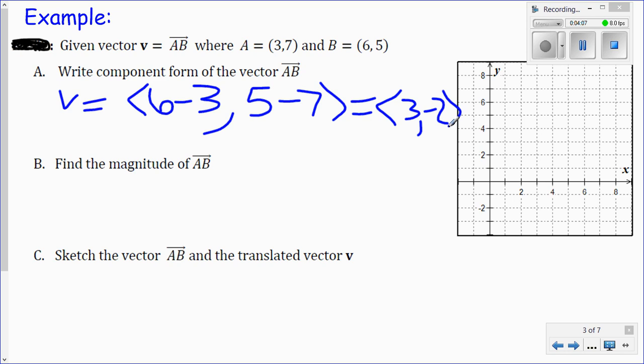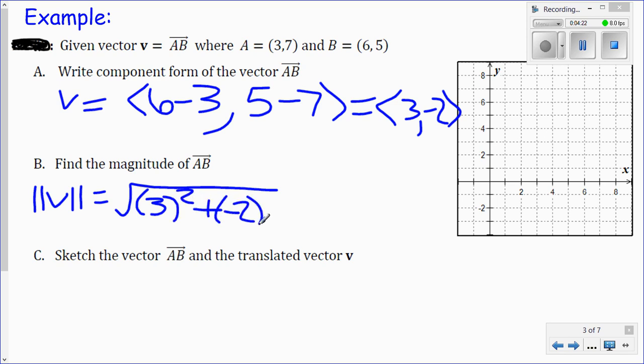All right, to find the magnitude, we're just going to use the distance formula. So the magnitude would equal the square root of 3 squared plus negative 2 squared, which would equal the square root of 9 plus 4, which equals the square root of 13.